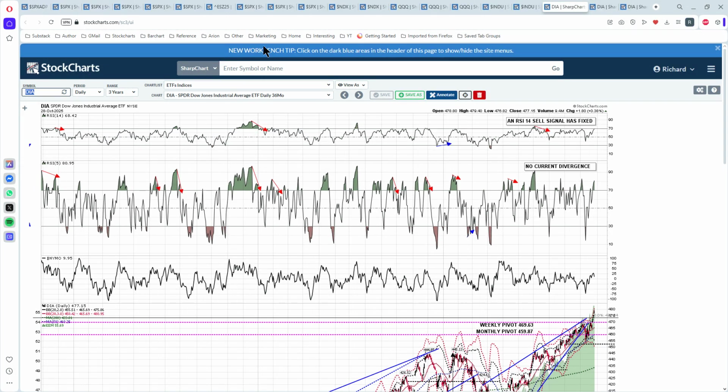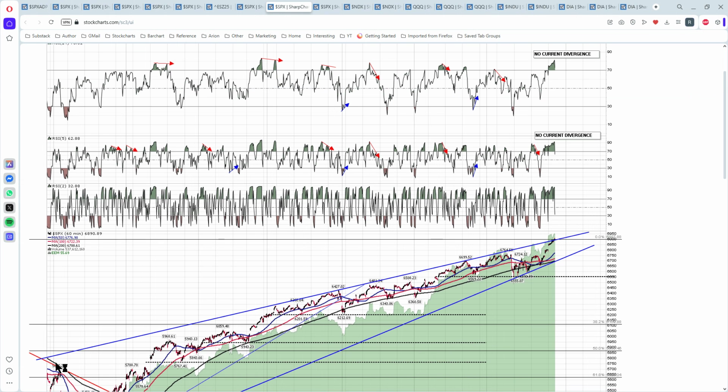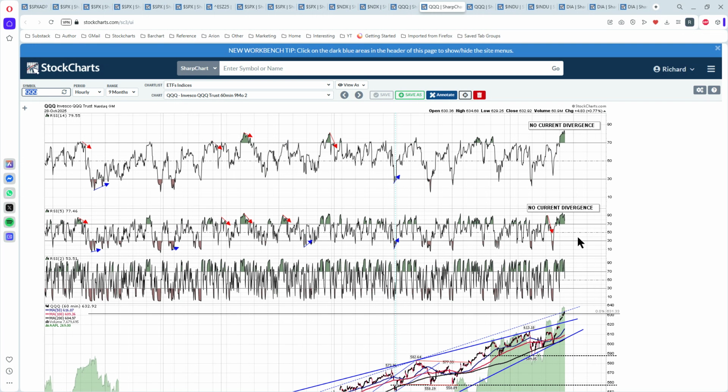All right, looking at the hourly charts, no divergence on SPX here, but you can see we've reached the resistance trend line and we are slightly over it. In terms of the short term, we've got an RSI 14 sell signal fixed on the 15-minute chart. Looking at Qs, we've got a tiny bit of negative divergence here, but it's really not much.